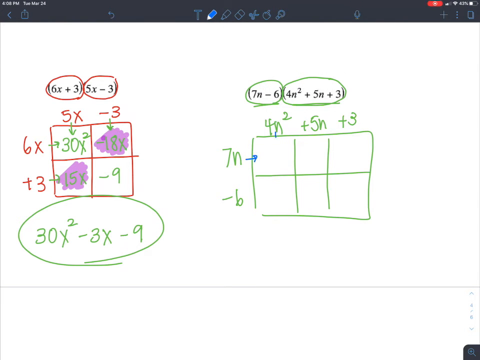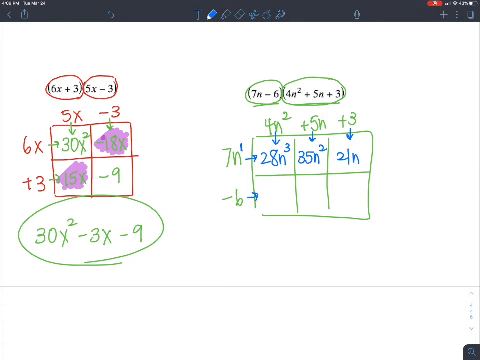So 7n times 4n squared is 28n cubed, to the 3rd power, because we have n squared and an n. So remember, this is like a 1 right here. 5n times 7n is 35n squared, and 7n times 3 is 21n.